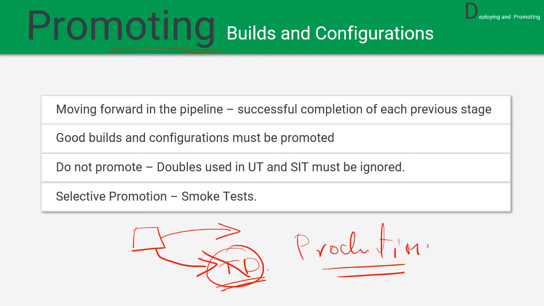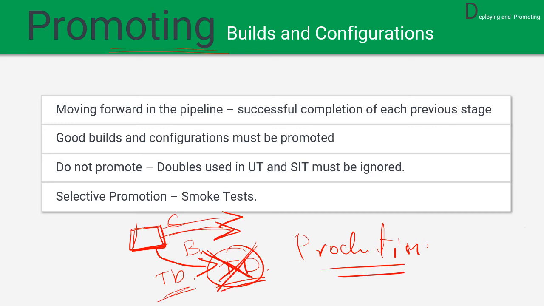So we should never promote test doubles. We can blindly promote our executables, but we never promote our test doubles. And so we should promote only those configurations that help us achieve this. So I say this again, you promote all of the builds, and you promote the correct configurations as well, and then you do not promote any of the test doubles.